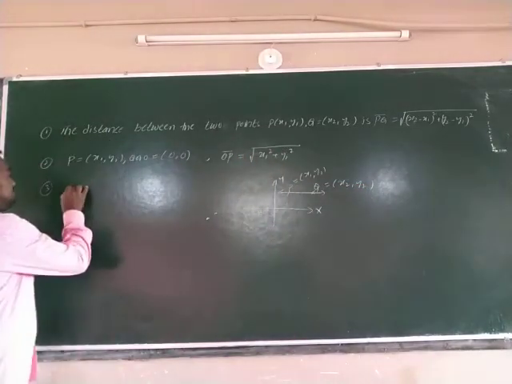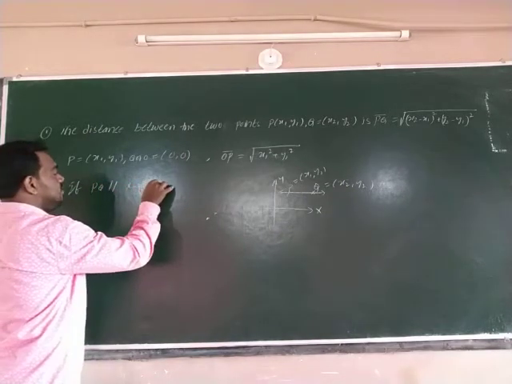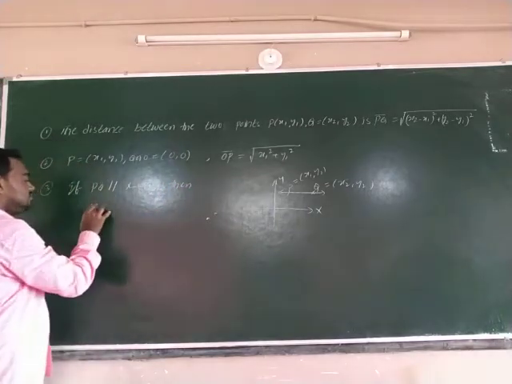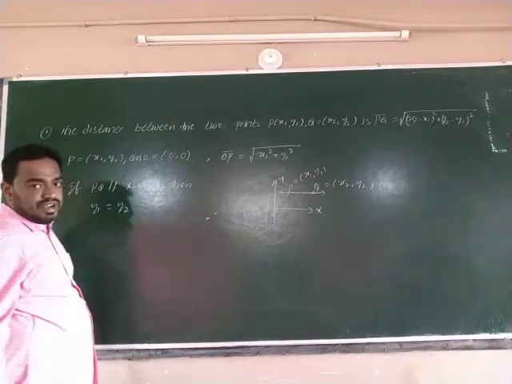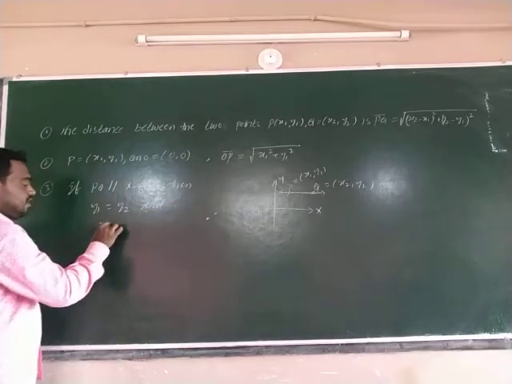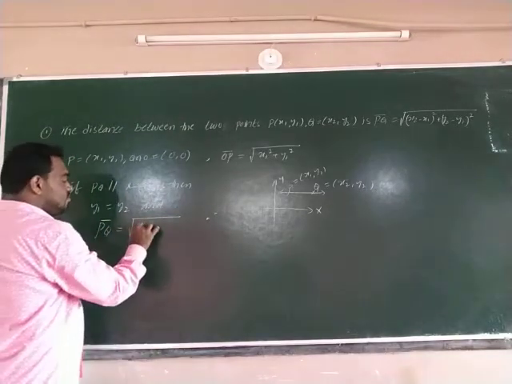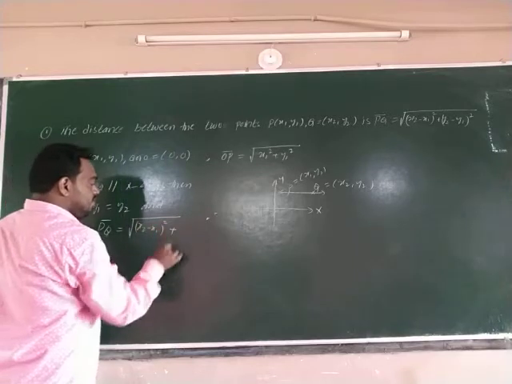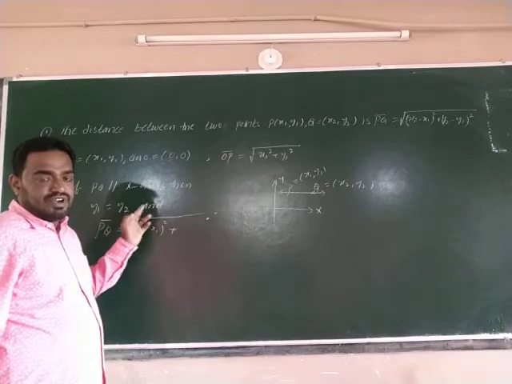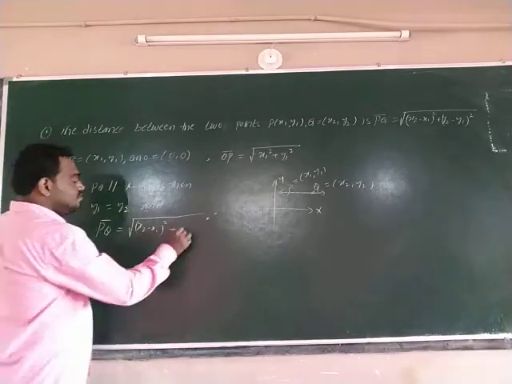Then if PQ is parallel to the x axis, then y1 is equal to y2, and the distance is equal to the square root of (x2 minus x1) whole square plus (y2 minus y1) whole square. Both y's are the same, so the difference is equal to 0, and 0 square.